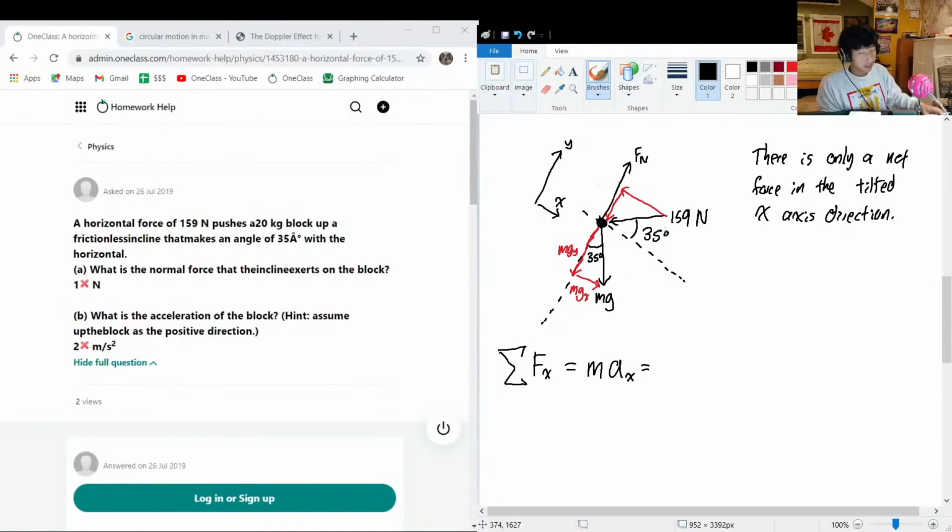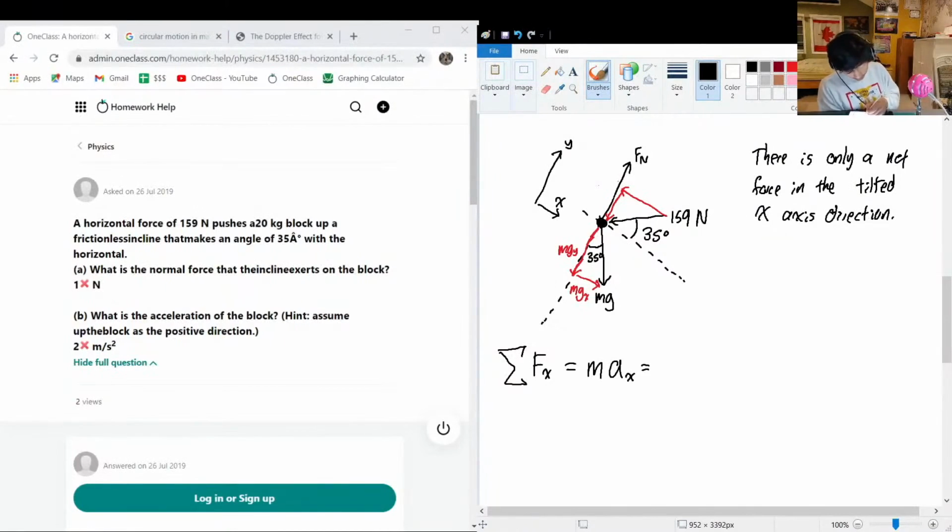So you see mgx, that's going to be mg, right? But we want only the x component of it, and that's going to be sine 35 degrees. You can kind of see how that works. Think back to your trigonometry.